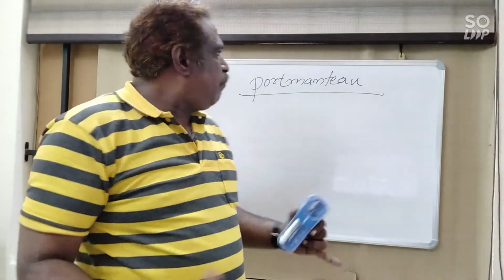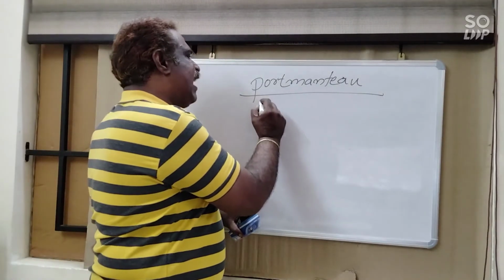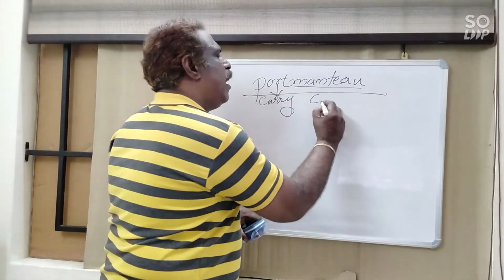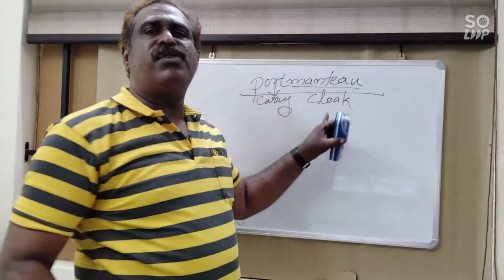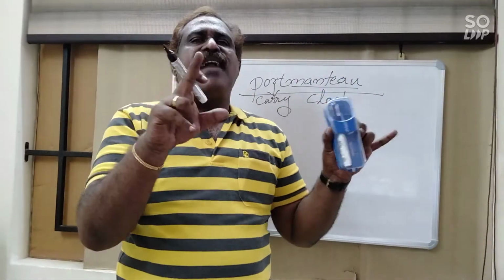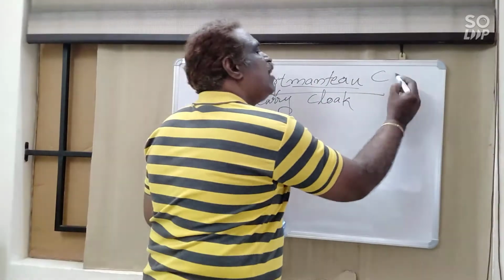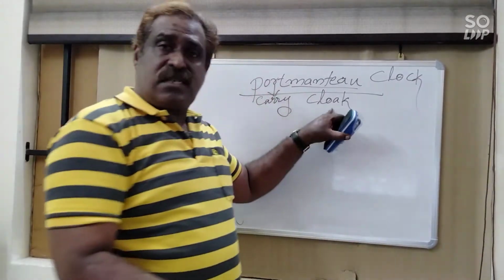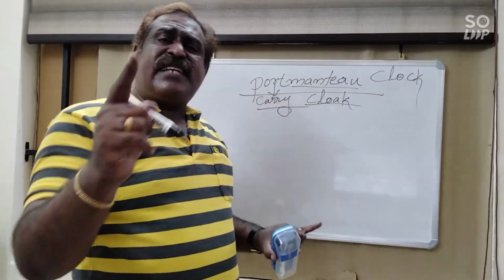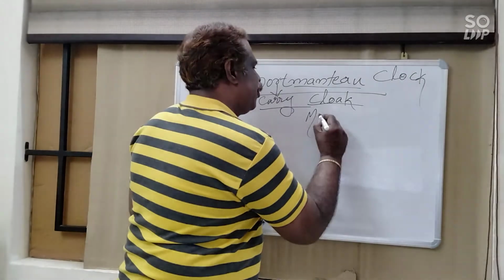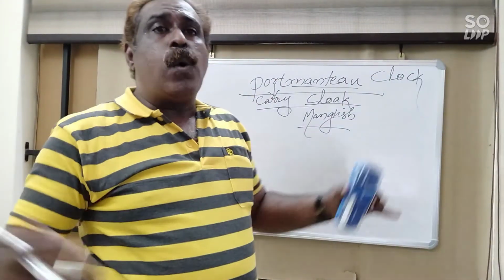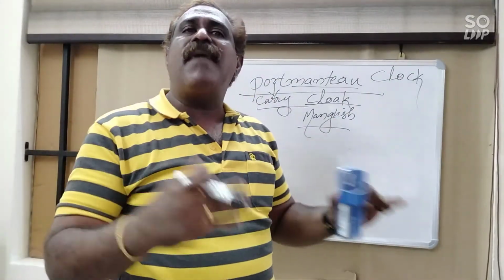Port means carry in French, and manteau means cloak in English. Please don't confuse it with the clock, C-L-O-C-K, which shows time. This cloak, C-L-O-A-K, is a dress. The best example I gave you, Monklish, is a portmanteau word, with elements originating from Malayalam and English.